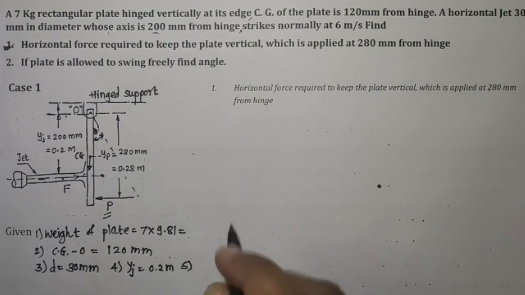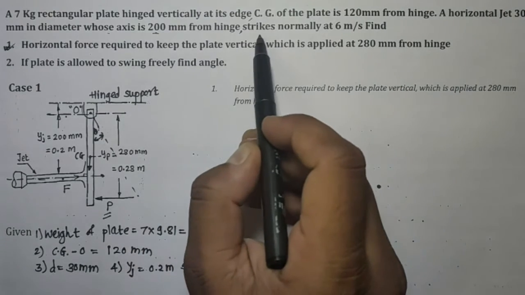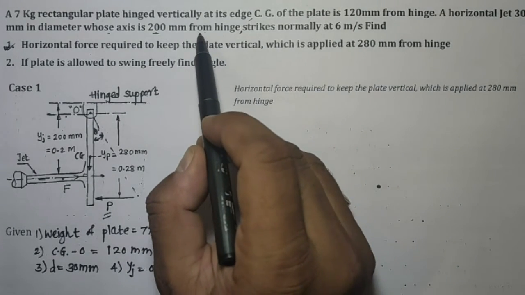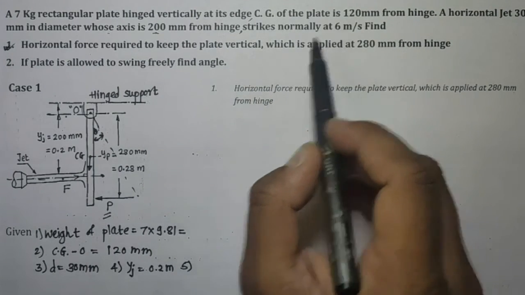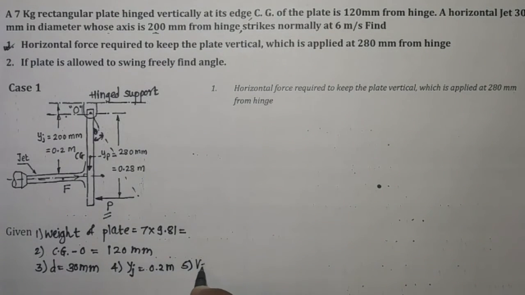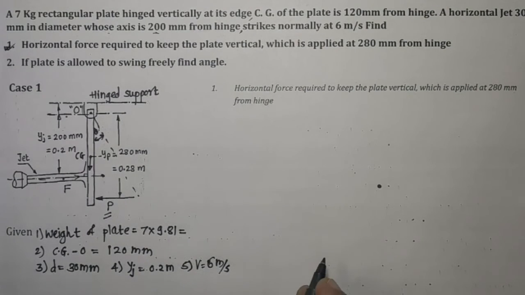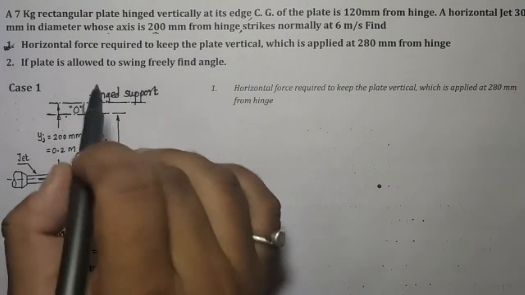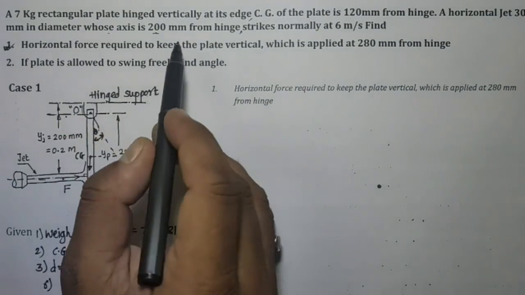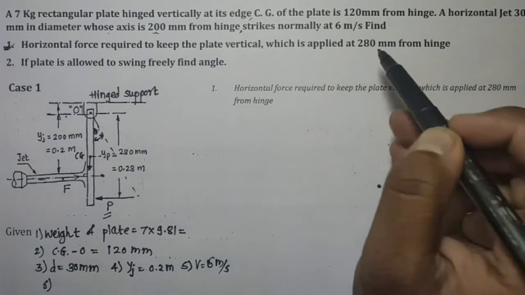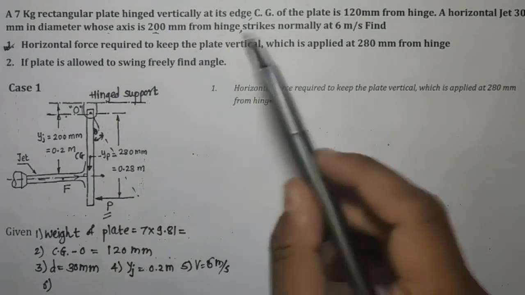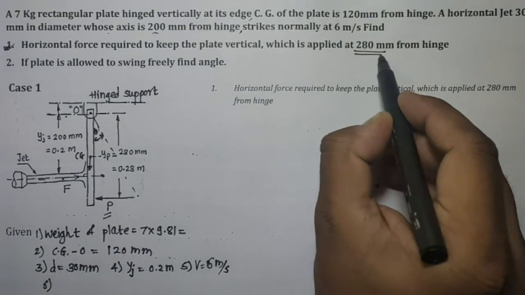And the last thing is that this jet is striking normally to this plate with velocity v equal to 6 meter per second. One more thing given for case number 1 is that we have to find this force P, which has to be at what location?